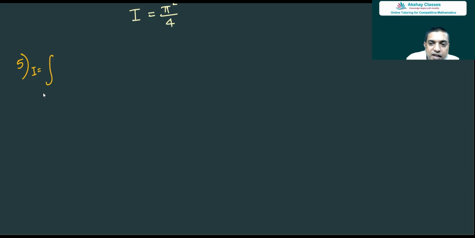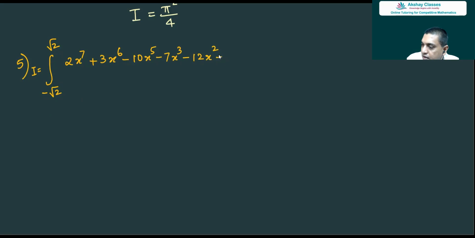Evaluate this integral from minus root 2 to plus root 2 of 2x power 7 plus 3x power 6 minus 10x power 5 minus 7x power 3 minus 12x square plus x plus 1 upon x square plus 2 dx. Looks a very big integral.